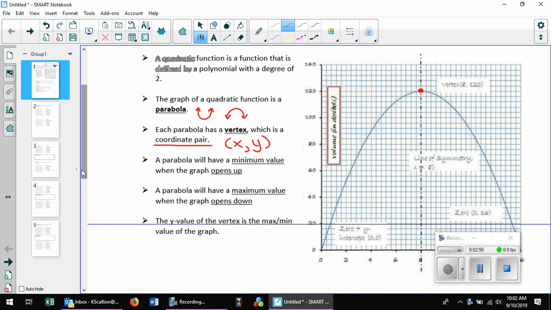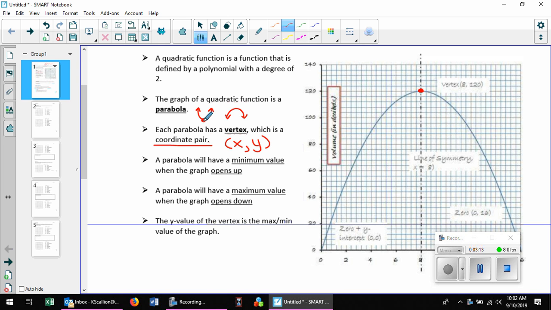A parabola will have a minimum value if it opens up. So this little graph here opens up, so the two arms are pointing out, and it has a minimum value because it goes down, down, down, hits its absolute minimum, and makes the turn all the way back up. So it only goes down to a certain point.